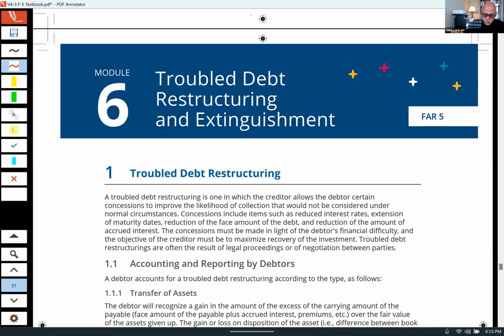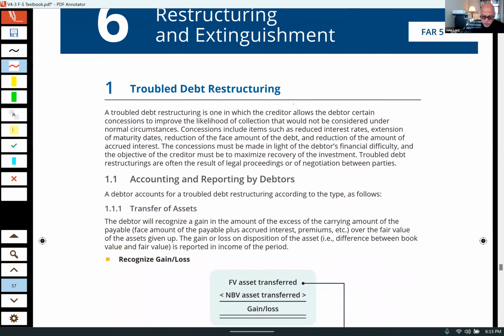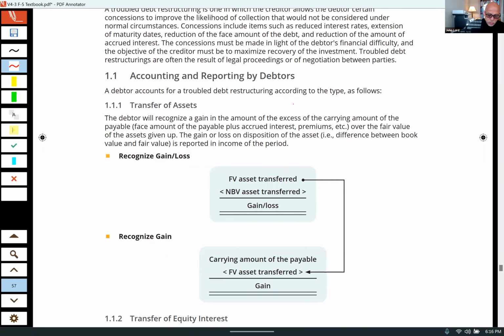Now, when we look at that, there's really two tranches to the discussion when you're transferring an asset, say land. First off, the company would have to figure out the difference between the fair value of that asset and the carrying value, the book value of that asset. And that could very well be a gain or loss.